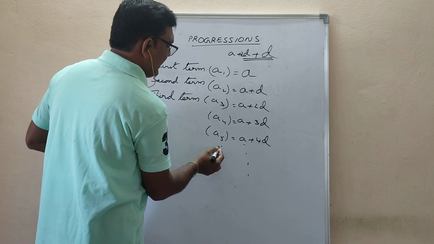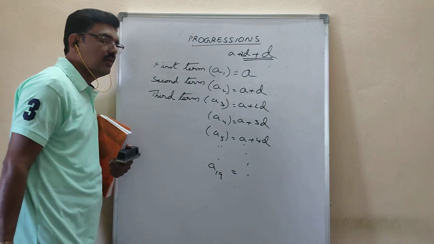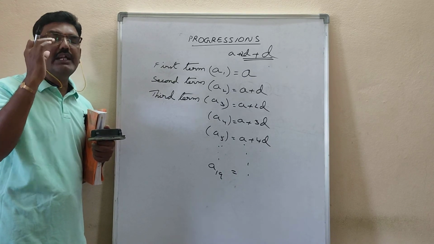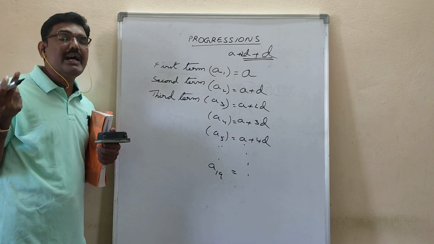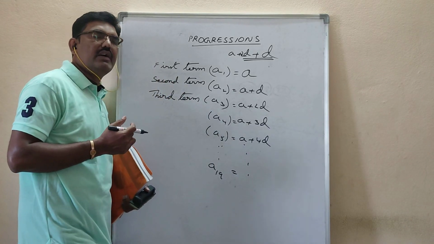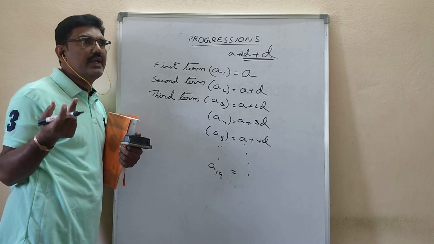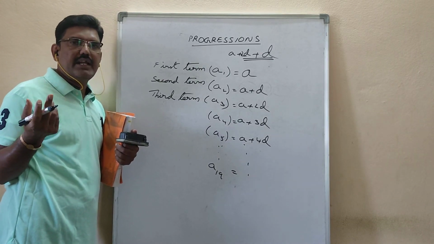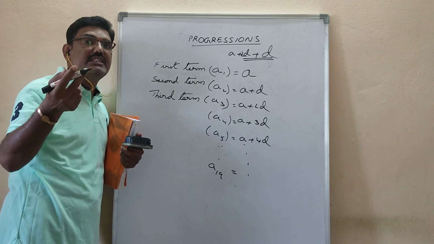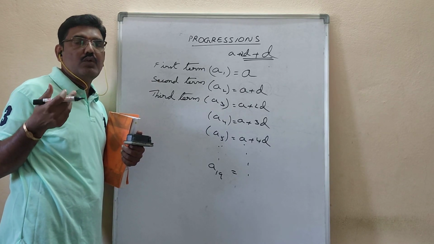Now, can you say what is a19? The 19th term, how will it be? You have to imagine how you are getting it. Reasoning is very, very important. That is why every teacher, student, school and parent stresses maths, because in mathematics reasoning means you have to think of what will come.